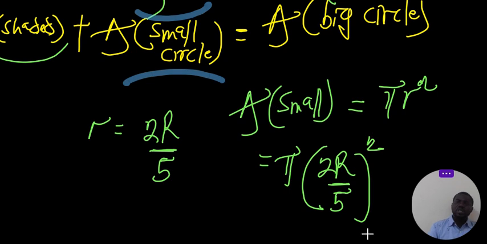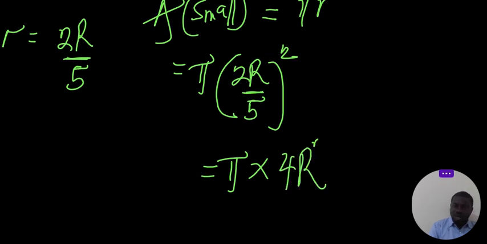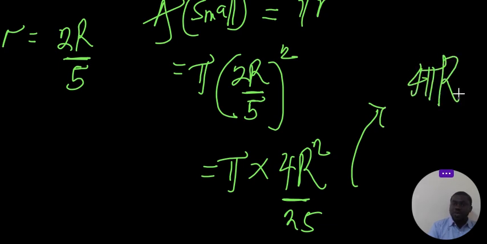So you have pi, 2 squared is 4, R squared, 5 squared is 25. This will give 4 pi big R squared over 25.